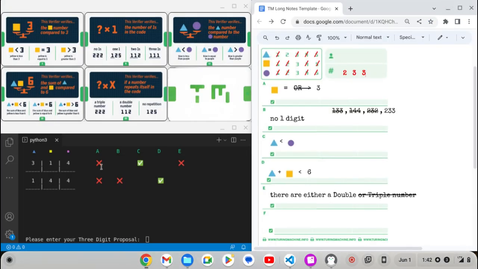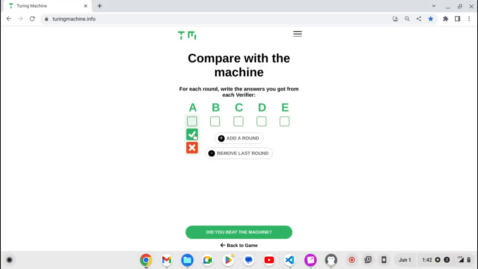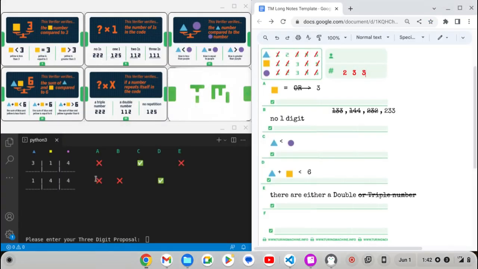And so we tested ACE first. So ACE, and I believe that C was the only correct one in that round. And then we tested ABD.